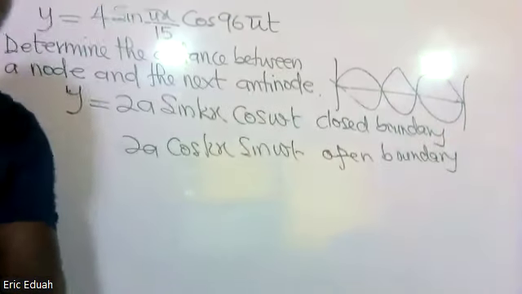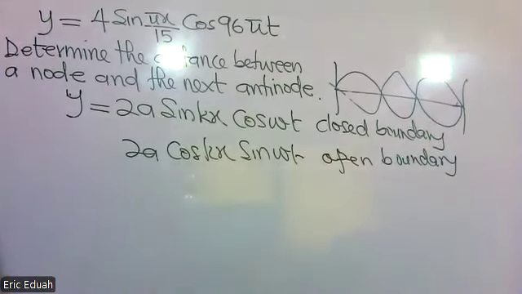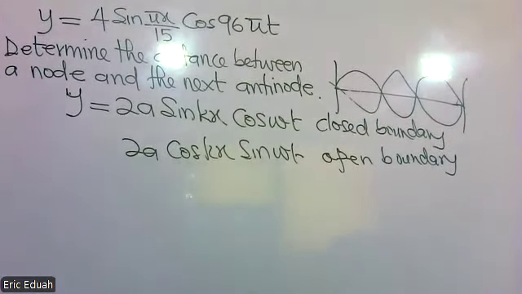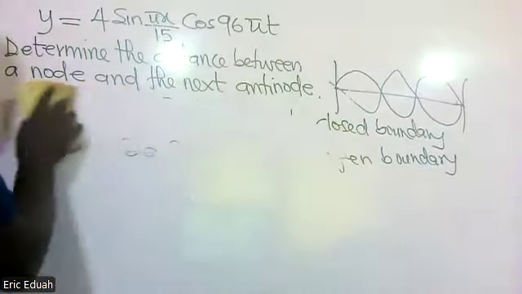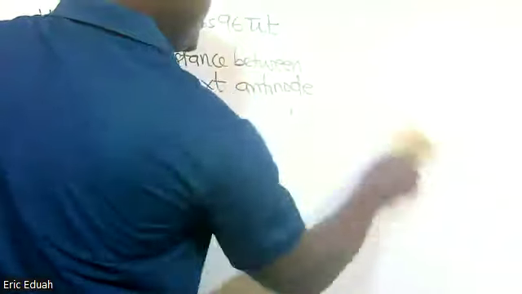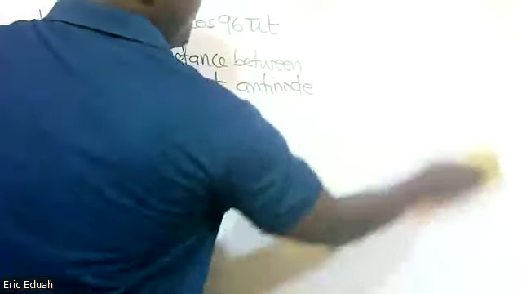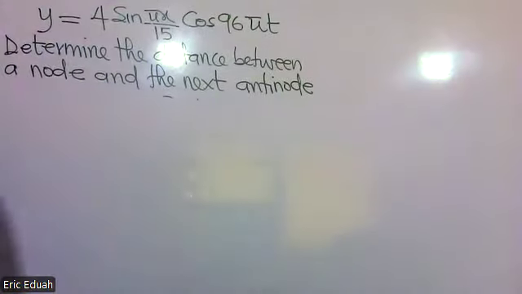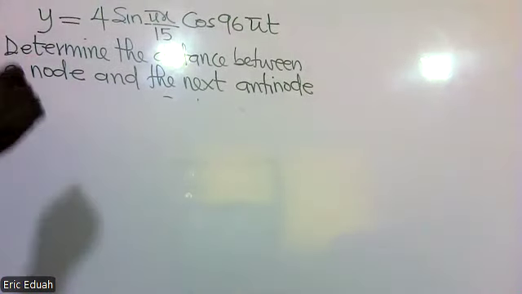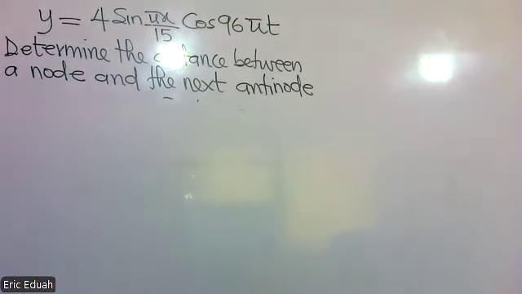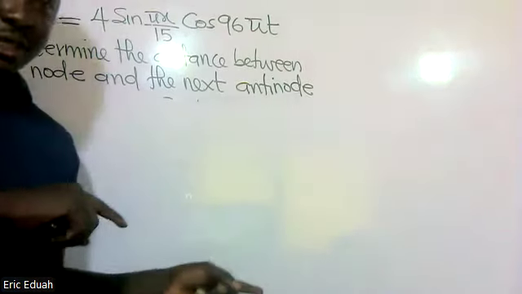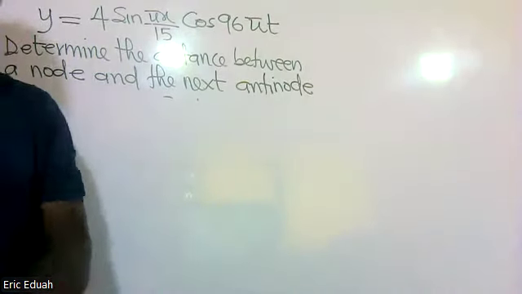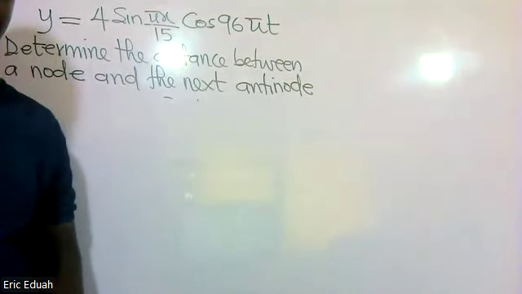So we are to determine the distance between a node and the next antinode. If you see, when we went through the formula, we saw that for closed boundary, one will be odd and the other will be even.